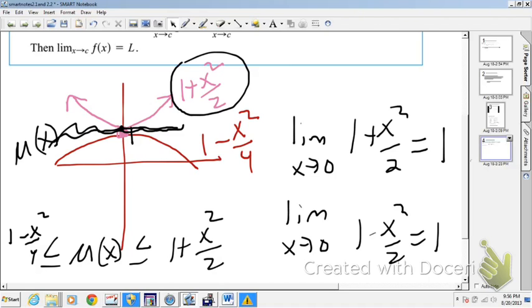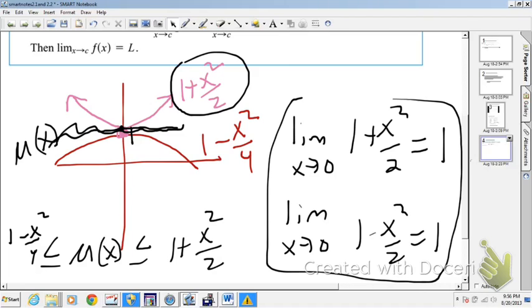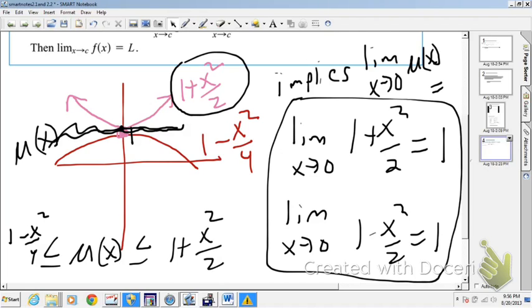Then we know that the limit of u of x is also equal to 1 by the sandwich theorem. So basically the sandwich theorem implies that the limit as x approaches 0 of u of x is also equal to 1.